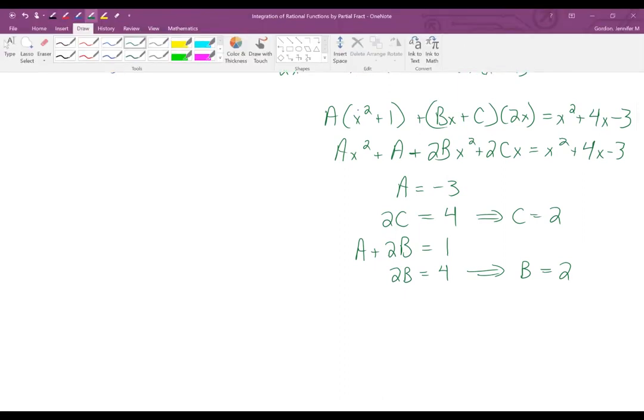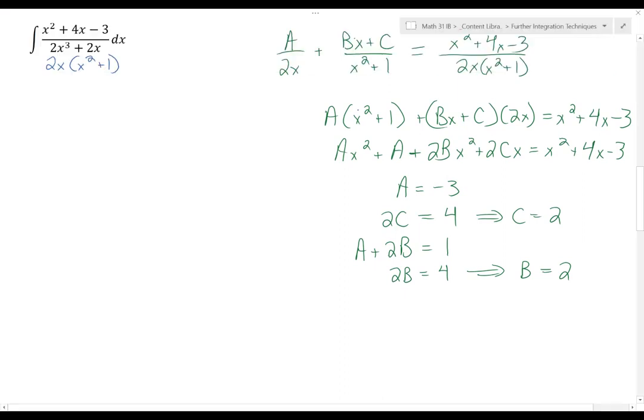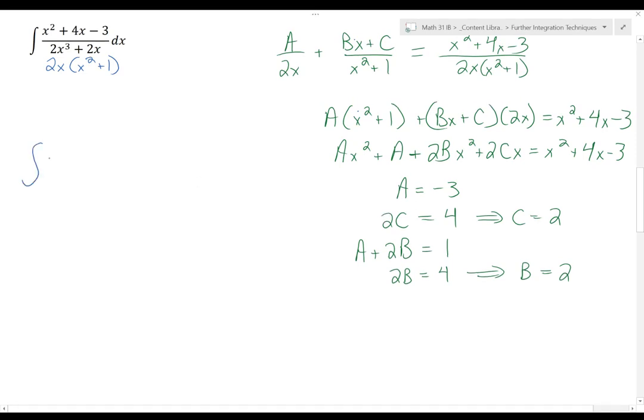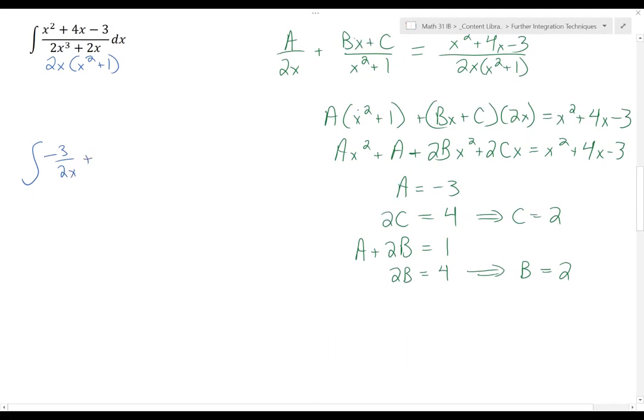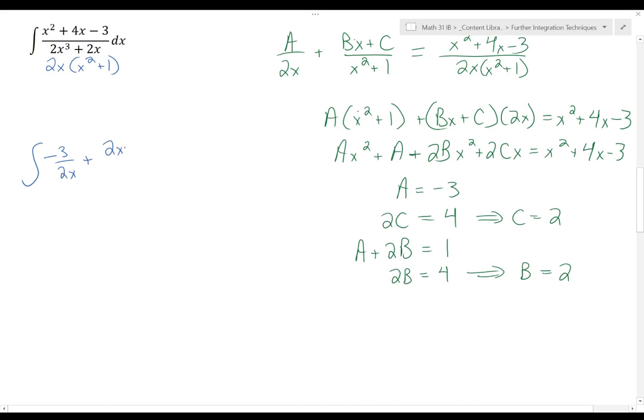Now when I go back to my integral, I can express it as the integral of a was negative 3, so negative 3 over 2x, plus b was 2 and c was also 2, so 2x plus 2 over x squared plus 1, and all of that dx.